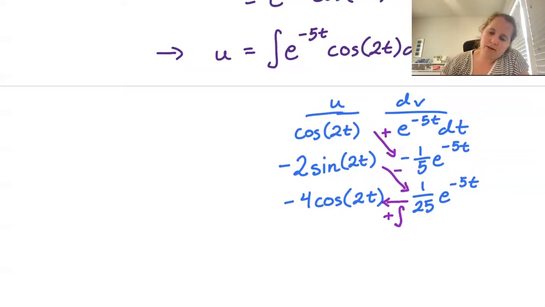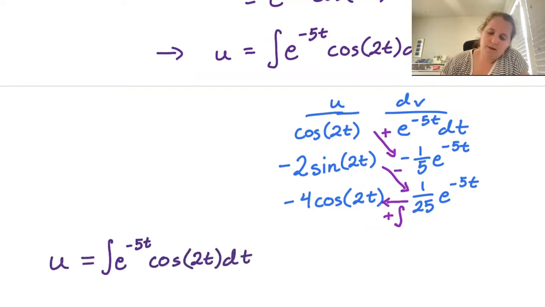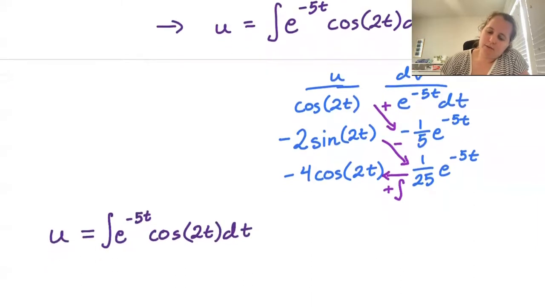So at this point, we have the integral of e to the negative 5t cosine of 2t dt. That's our u. This is equal to negative 1/5 e to the negative 5t cosine of 2t.